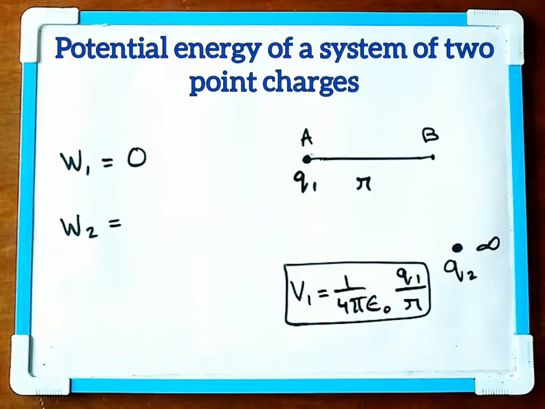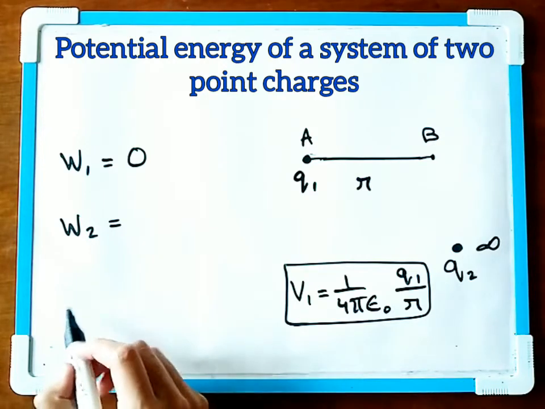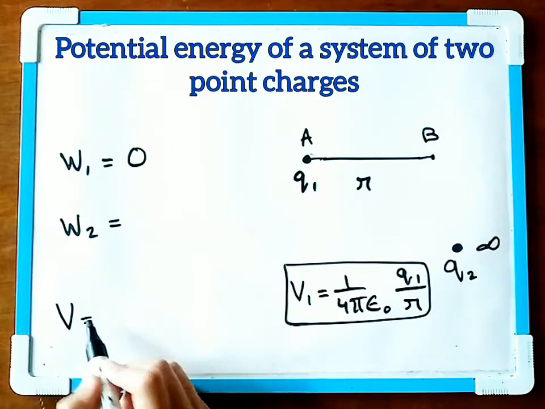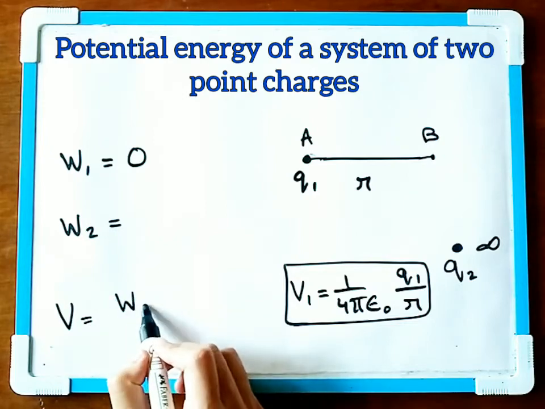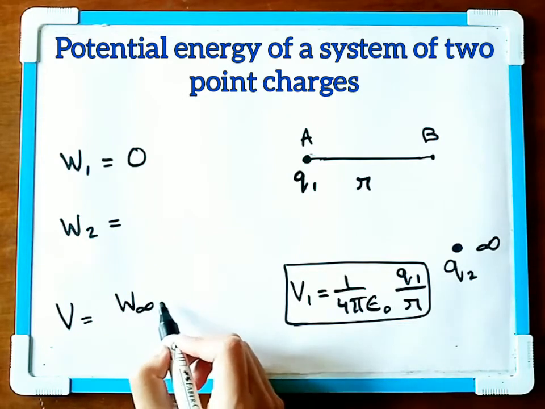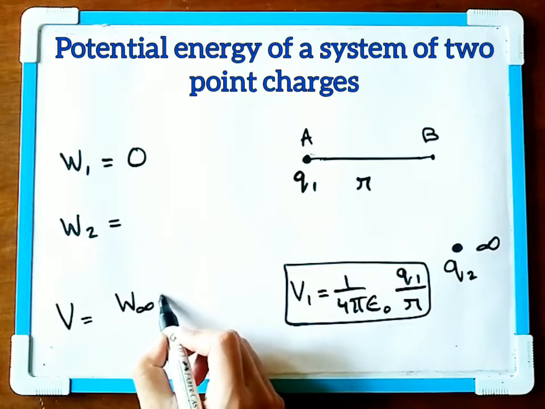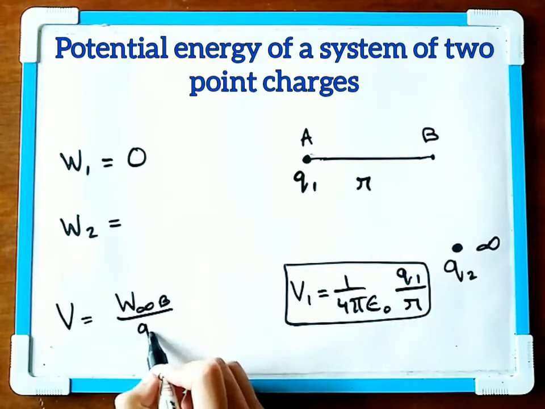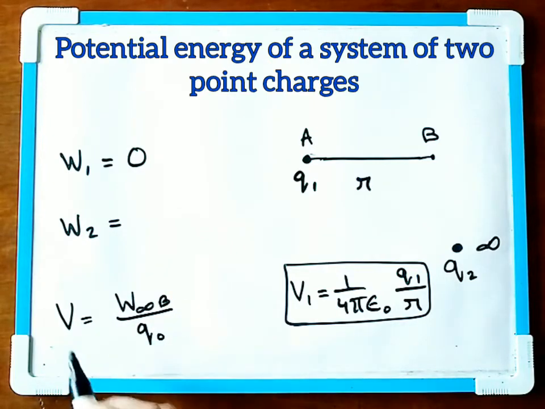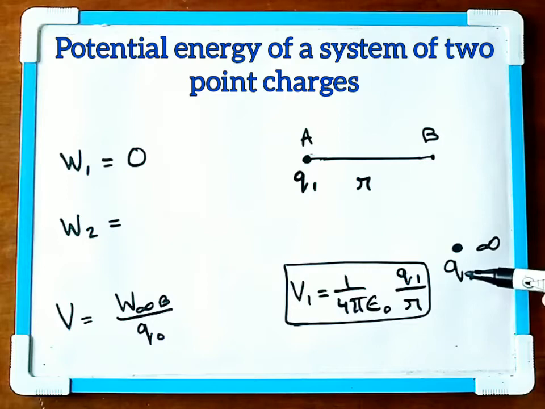Now again come to the definition of electrostatic potential. Electrostatic potential V is defined as the work done in bringing a positive test charge from infinity to a point B per unit test charge. Now in this case, we are not bringing a test charge, but we are bringing a charge Q2.